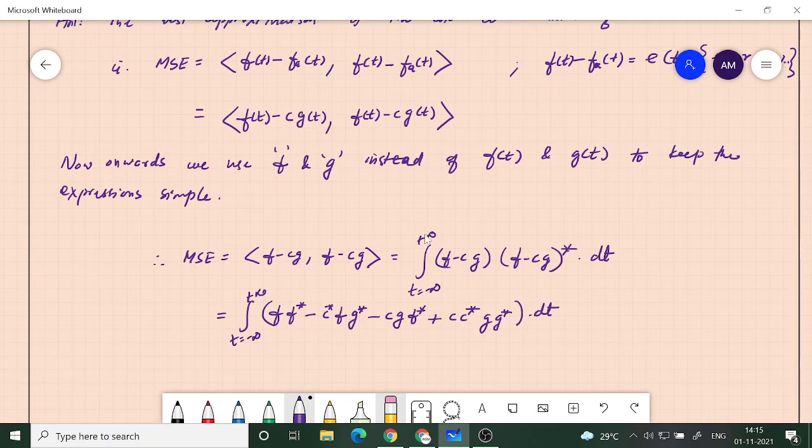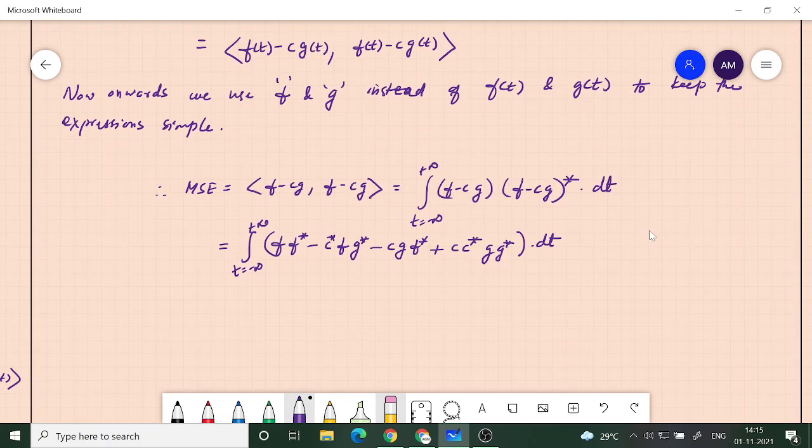If this looks confusing, you can put it back as f of t and g of t and work in that manner also.